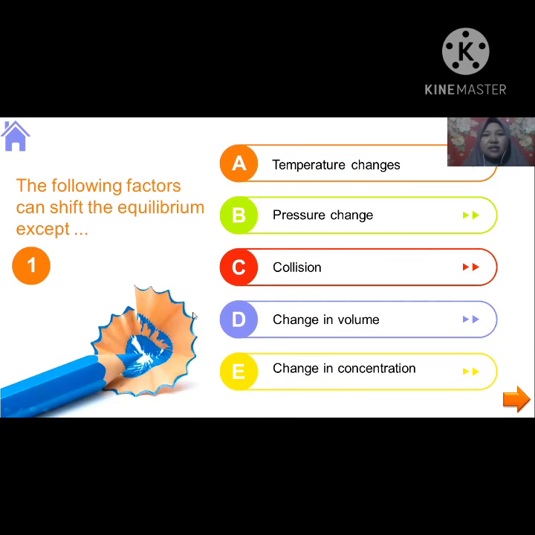The reason is that the factors that can shift the equilibrium are temperature change, pressure change, change in volume, change in concentration, and catalyst. But the catalyst does not change the position of the equilibrium.